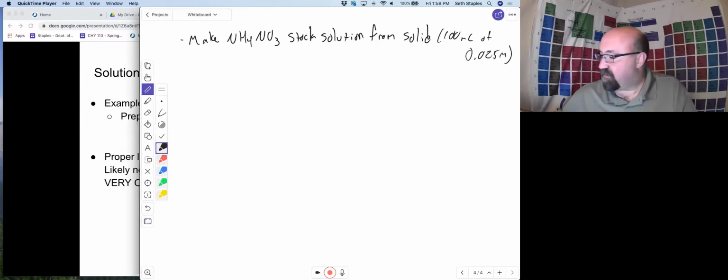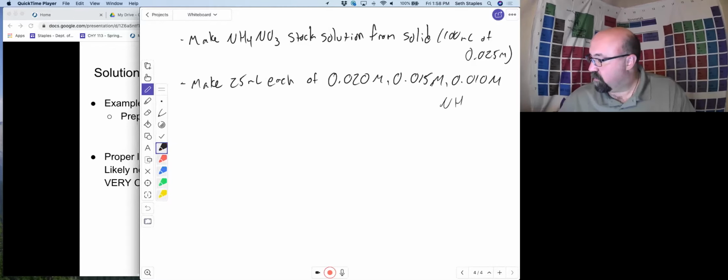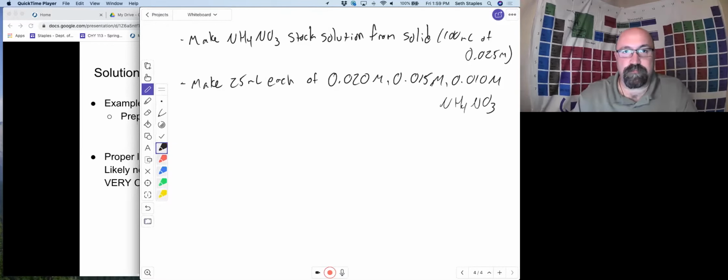That's your first task. You then need to use your dilution equation to make 25 milliliters each of the 0.020, 0.015, and 0.010 molar NH4NO3 solutions.